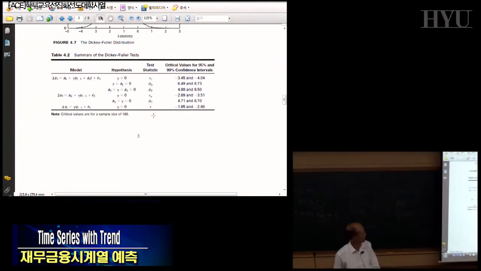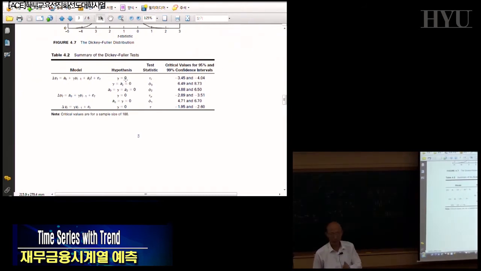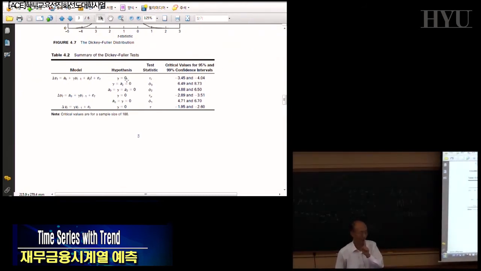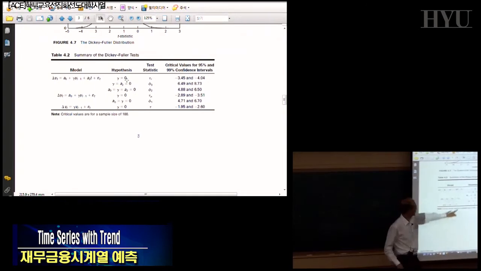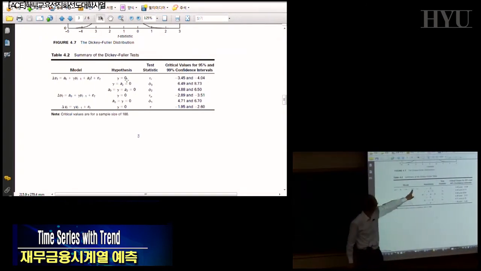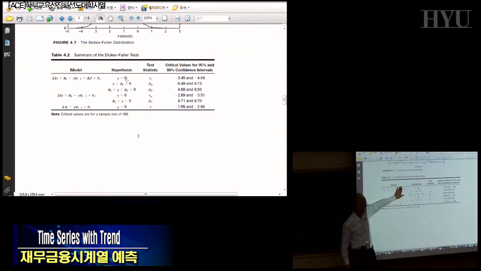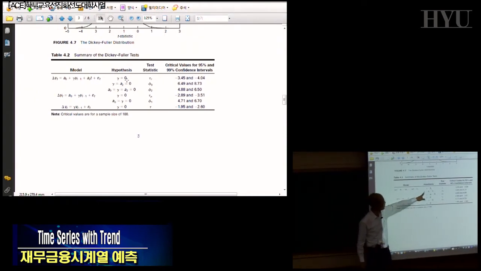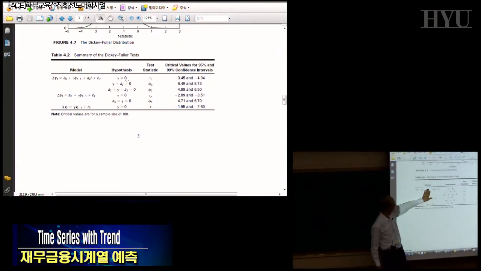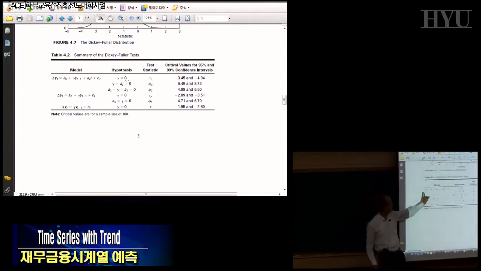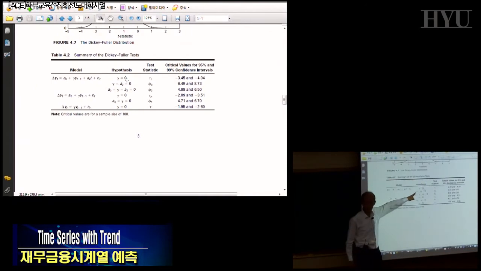And restricted to what? Value 0. If you put value 0, A2 equals 0, then this one drops out. That's the restricted model, right? So in this case, the restricted model is this one suppressed and that one suppressed. So you have the full model and the restricted model.